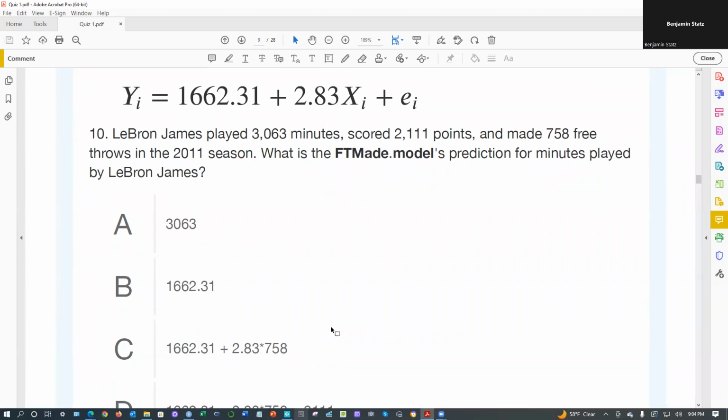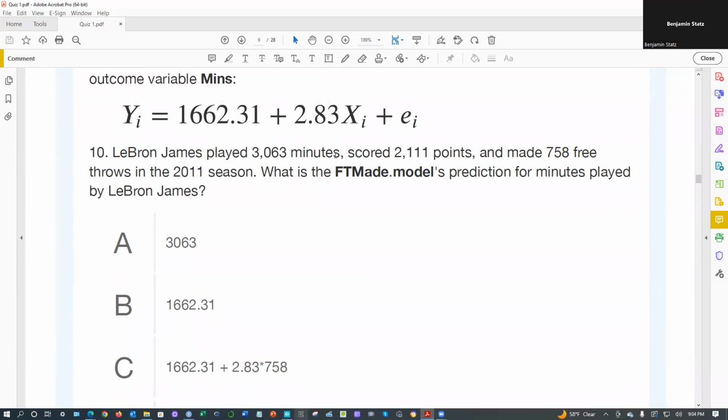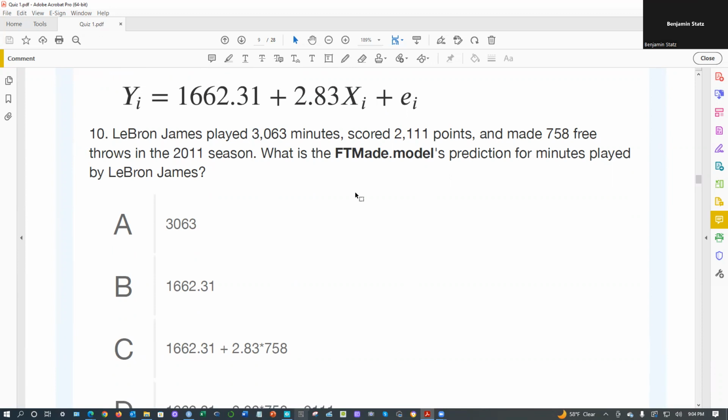That's how you find the model prediction for minutes played by LeBron James. He actually played this many minutes, but you can get an estimate too. Then you find the difference between these two, called the error. This is the estimated, predicted value. This is the real value. This one minus this whole thing will yield the error.